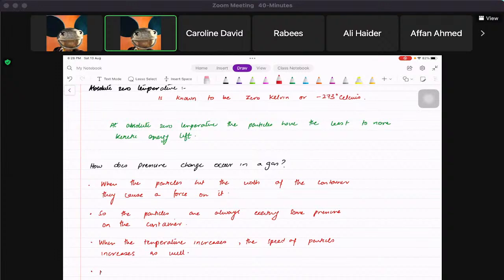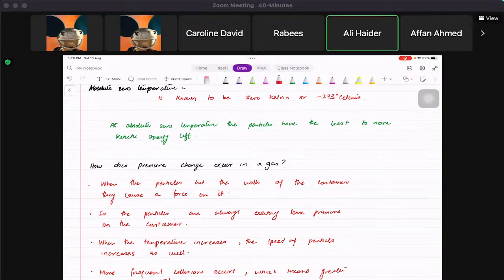More frequent collisions occur, which means greater pressure exerted. Is it clear, everybody? Yes. So can you give a minute to write this down? Yeah, sure, why not?